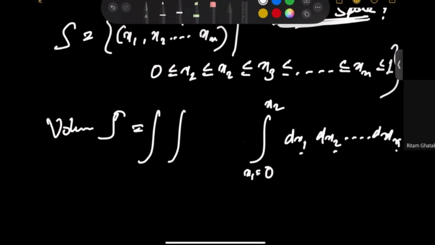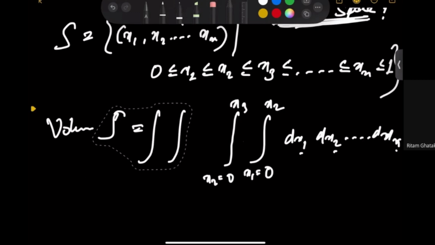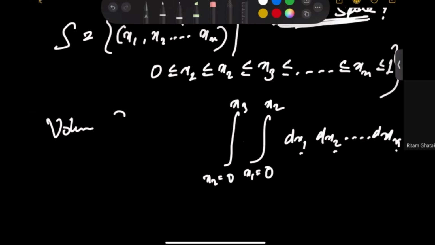The second integral would be x2, 0 to x3, correct? Tell me the third integral as well. It will be x3, with limits 0 to x4. Yes, correct.